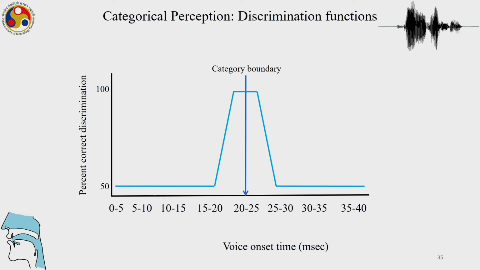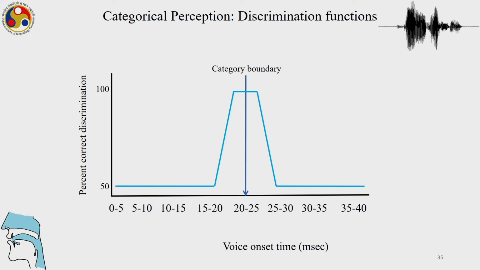There are other types of experiments also, called discrimination, where speakers are asked to discriminate whether they heard a ba or a pa, or they are asked to compare ba or pa with another sound, or to discriminate between the voicing, the VOT, that they have heard.